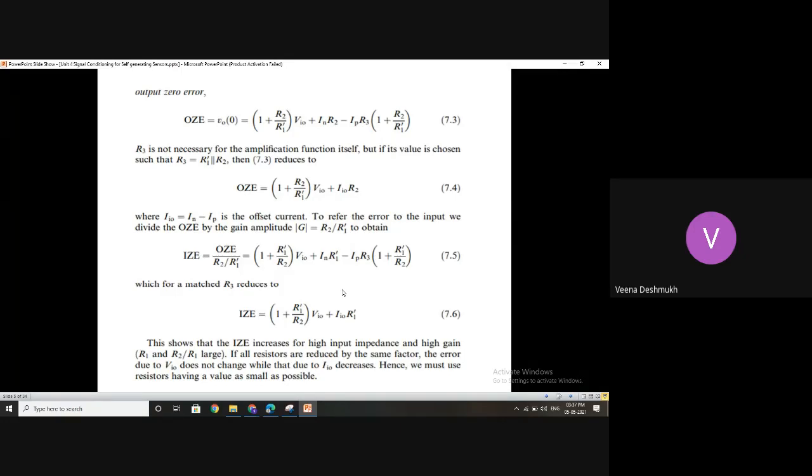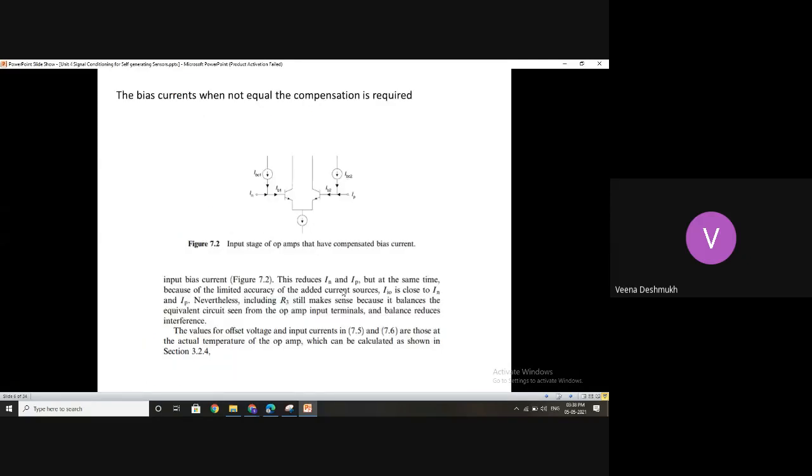As a result, the zero errors are increased. So to avoid that, the bias currents are always compensated. So when not equal, the compensation network is used, because this IIO difference, if it is too high, produces a lot of errors.